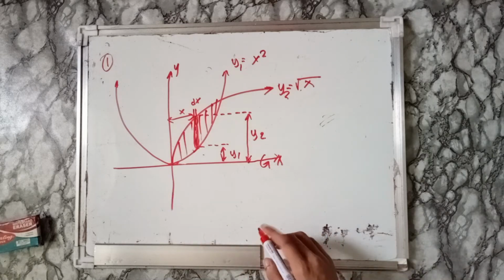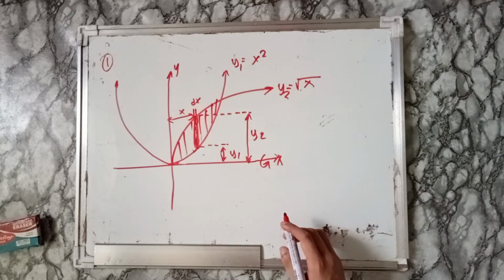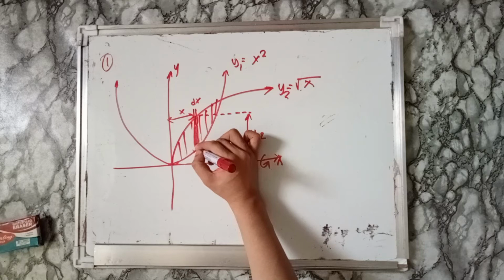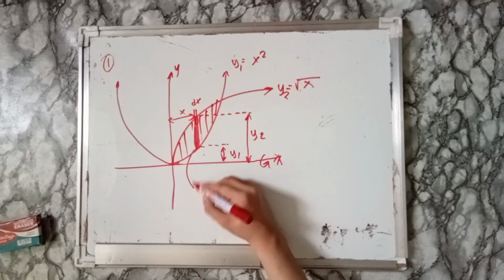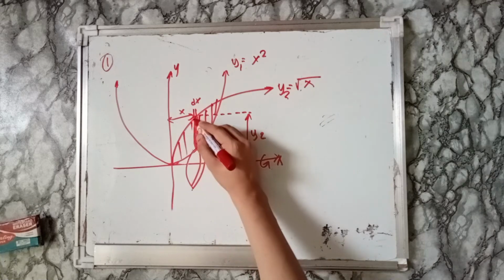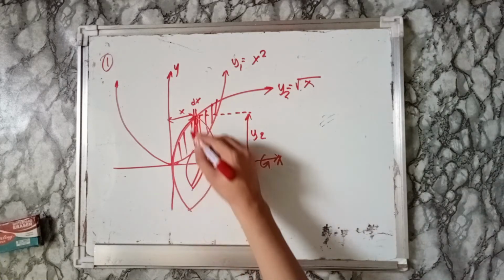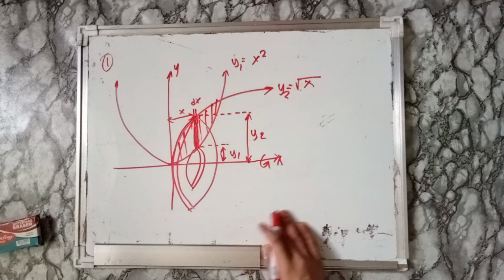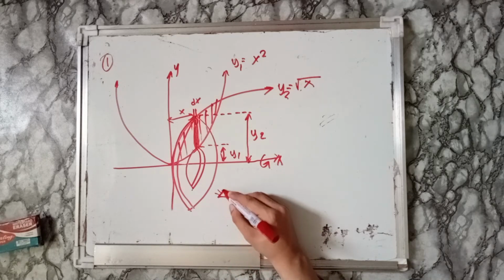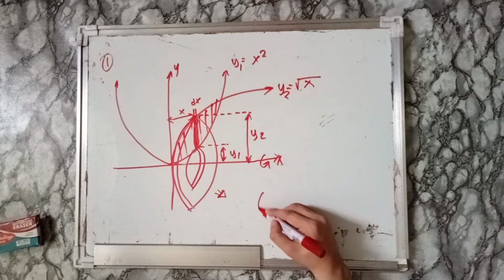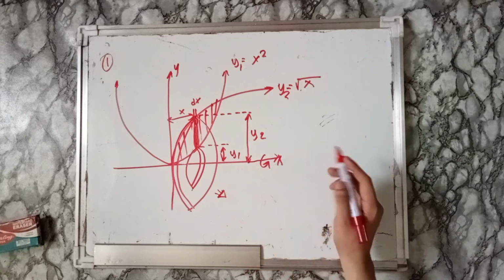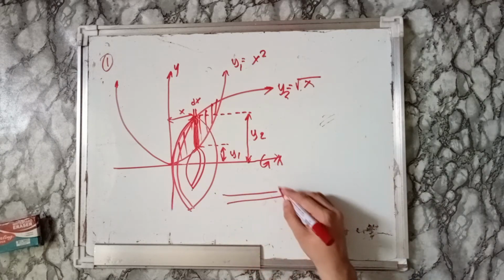So let's now rotate our area. So this is just something like this, right? Now if we take this out, it will look something like this. Let's draw in here.